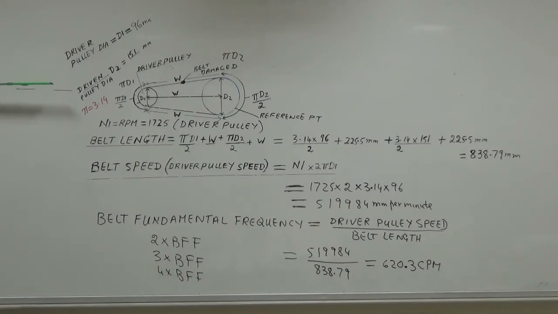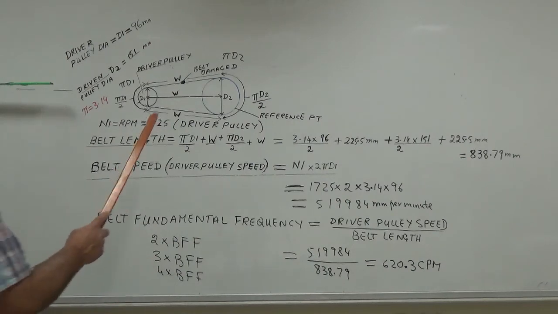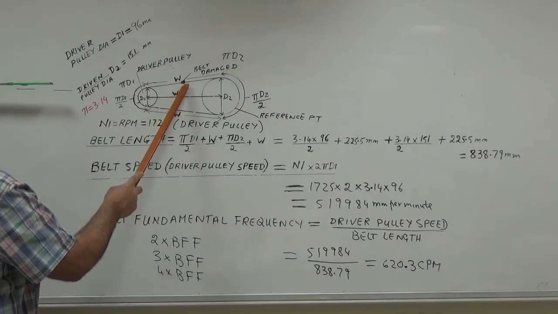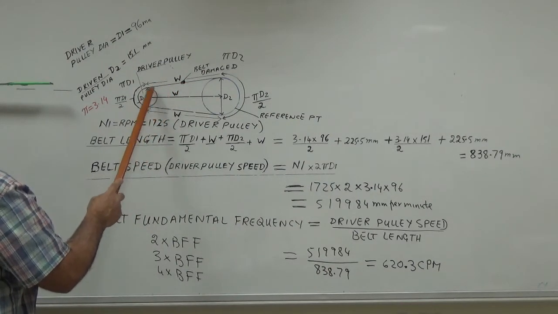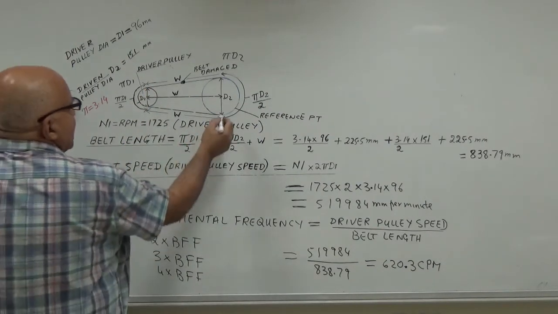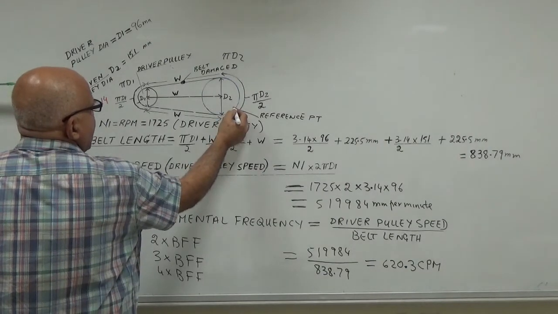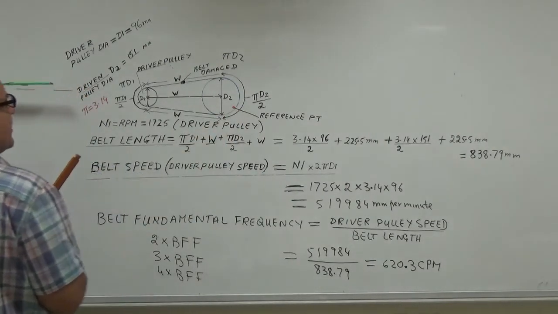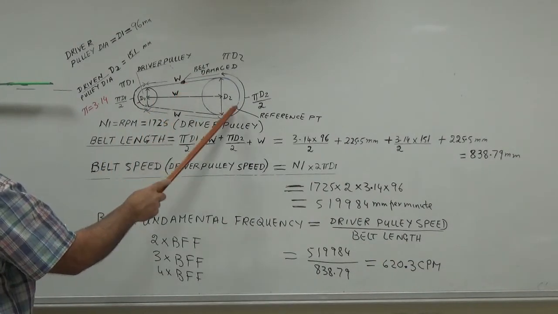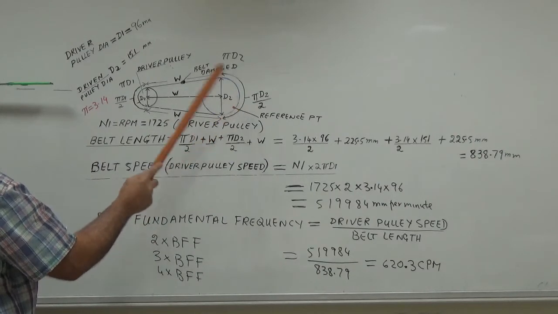Belt fundamental frequency means that when the belt makes one round, and there is some portion of the belt here that is damaged, then during each round, for example, this is the reference point. On this point, the damaged portion of the belt will pass through this reference point.